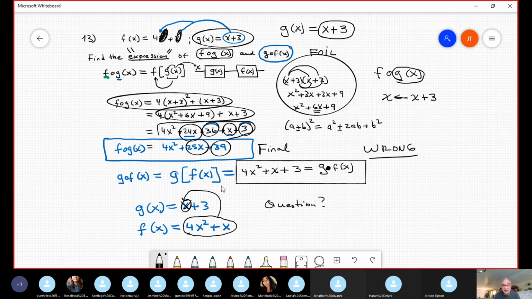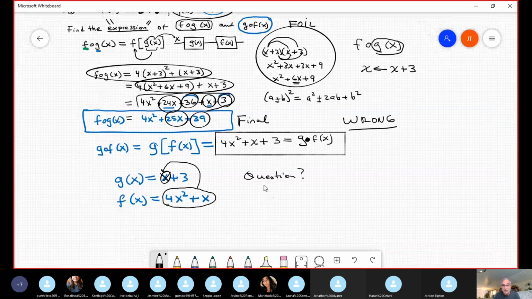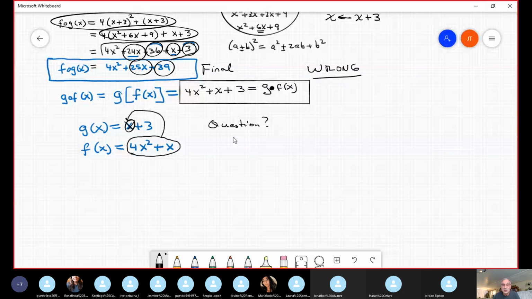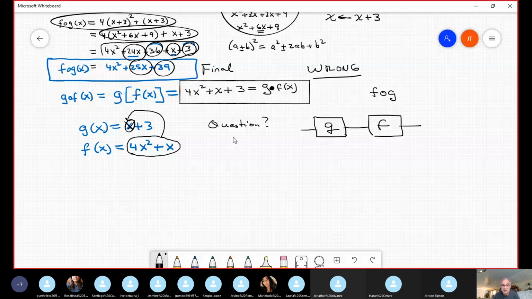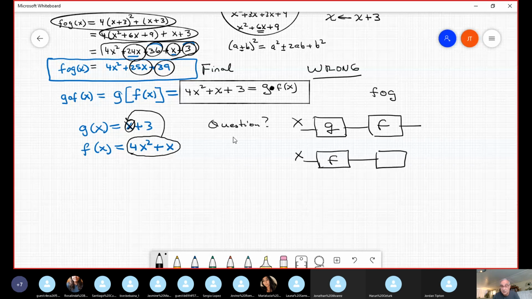Another interpretation is using the boxes, no? Okay, you have f, you have g. So g first, f second. And this order is f composition g. And this order is first. This is x domain. And this is g.